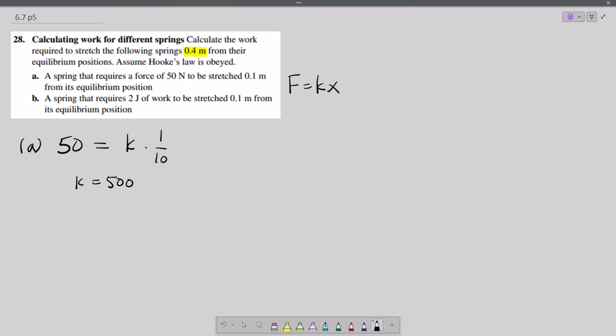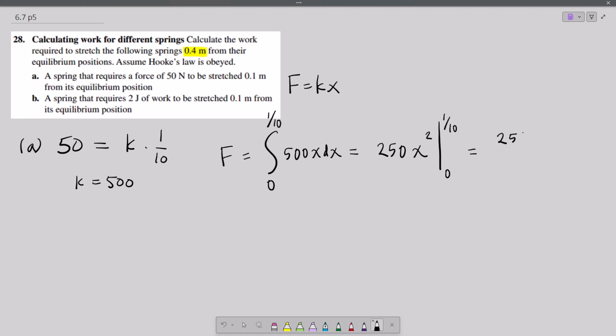So the work then is going to be the integral. We want to start from equilibrium, so we're starting at 0, and we're going to go to 1/10 of a meter, and we're going to integrate our function, which is going to be 500x. So we end up with this scenario, and we end up with 250 divided by 100.